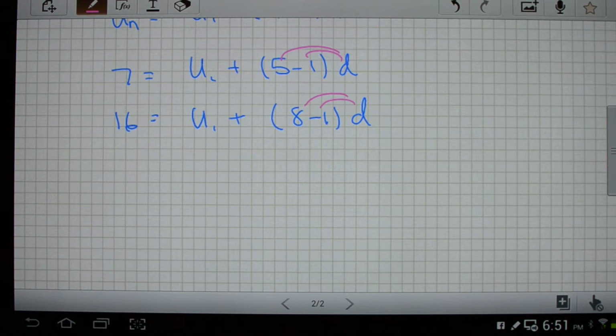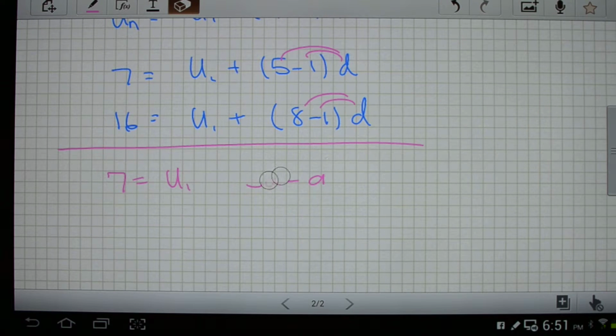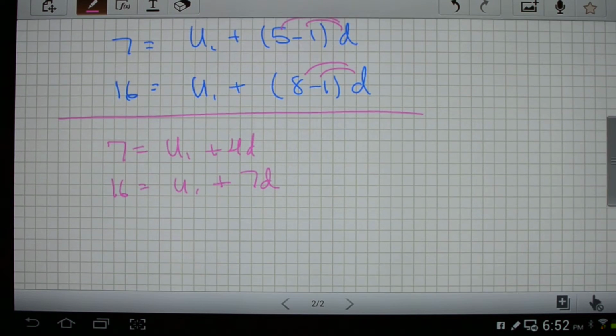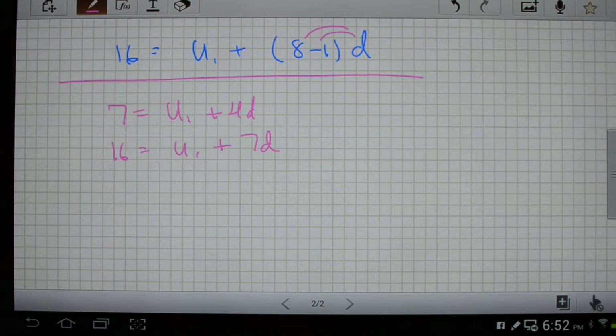So, like this. 7 equals U1 plus 5D minus D. Well, I have to do that, I just realized that, 5 minus 1 is 4, plus 4D. And here it's 16 equals U1 plus 7D. There we go. Now we have two equations and two unknowns.